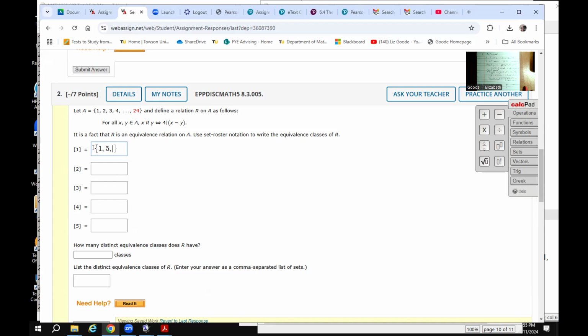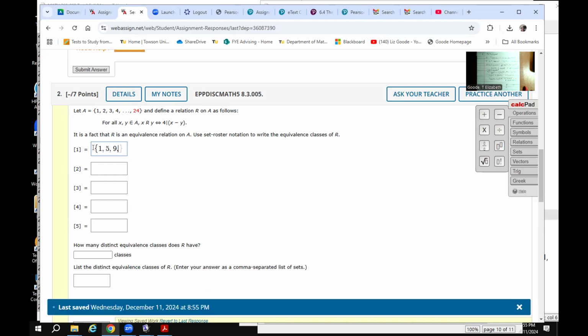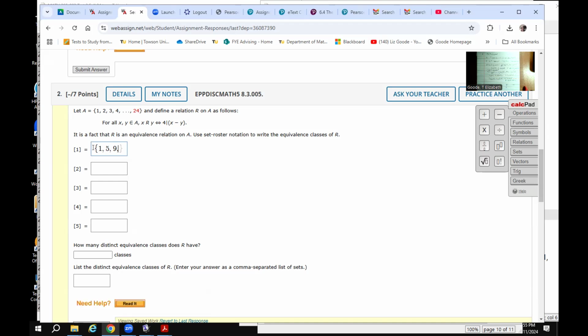It would be, because you think about it: 9 minus 5 is 4. 4 divides 4. 9 minus 1 is 8. 4 divides 8. So 1 and 5 and 9 are all congruent to one another mod 4 because they're jumps of 4 apart. Does that make sense? Yeah. And you can do that for all of those.